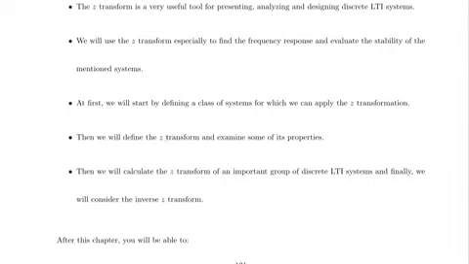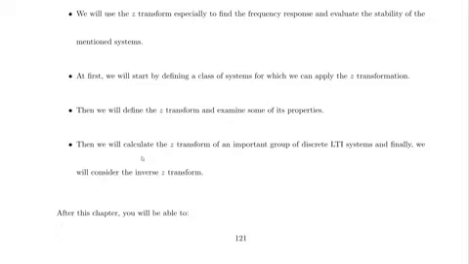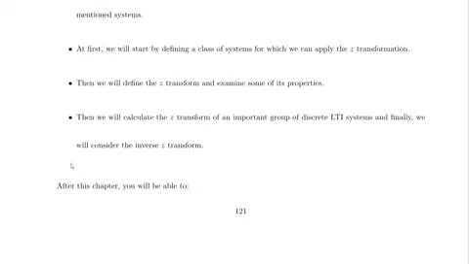Then we will define it and examine some of its properties. Then we will calculate the Z-transform of an important group of discrete LTI systems, and finally we will consider its inverse.